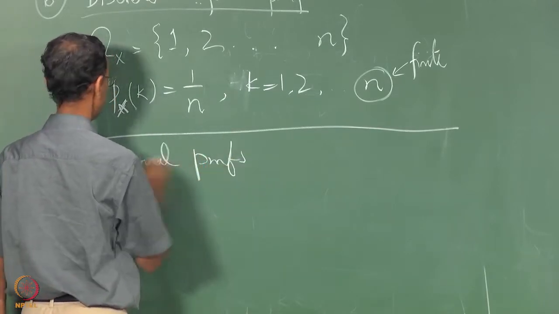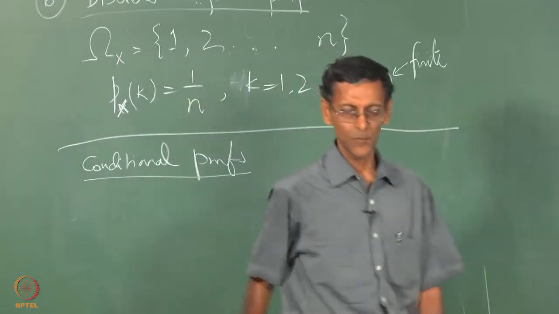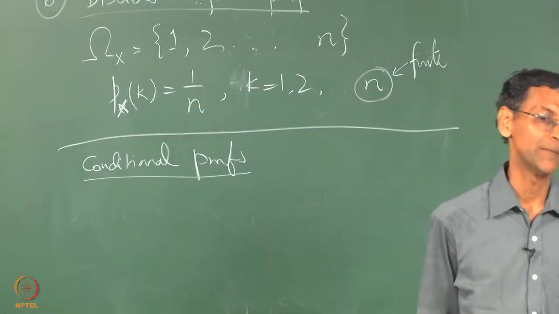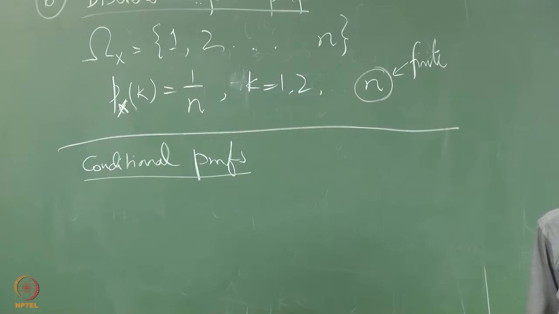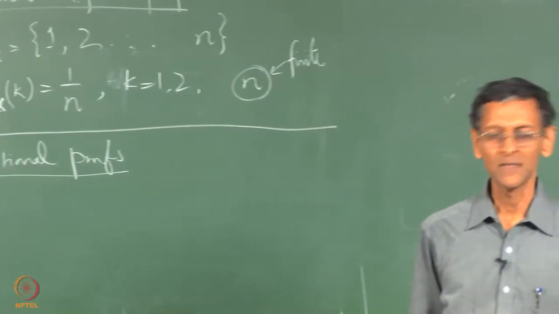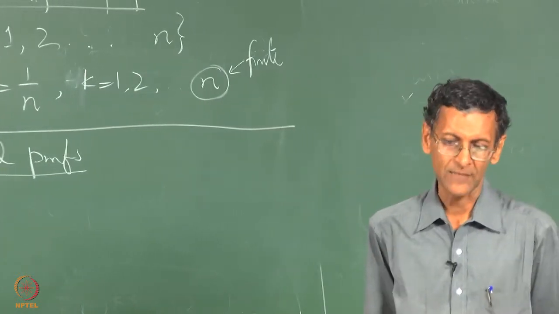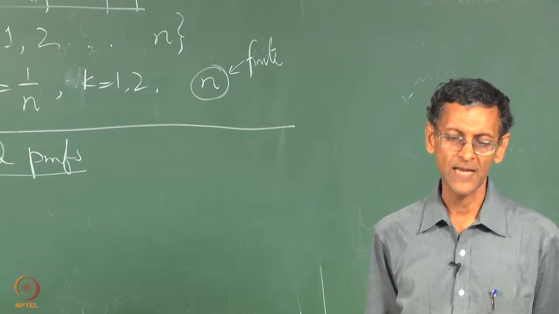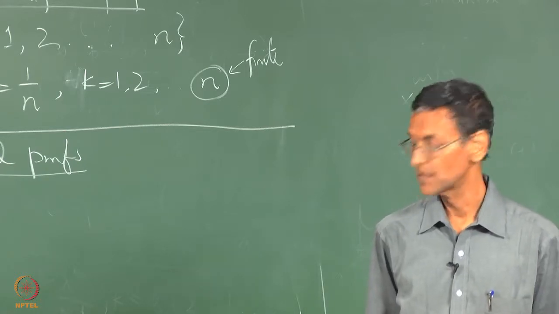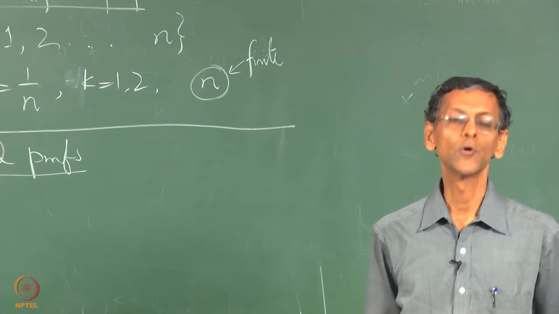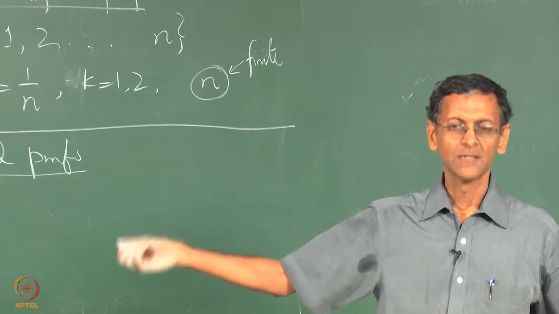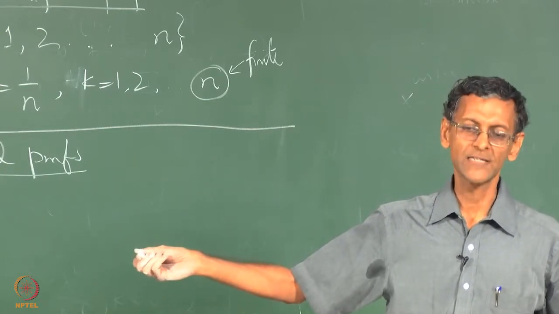This is where our knowledge of conditional probability is going to be very helpful. There is no reason why you can't ask, given that you did not see a success in the first n trials, what is the PMF of the number of tries needed for success.